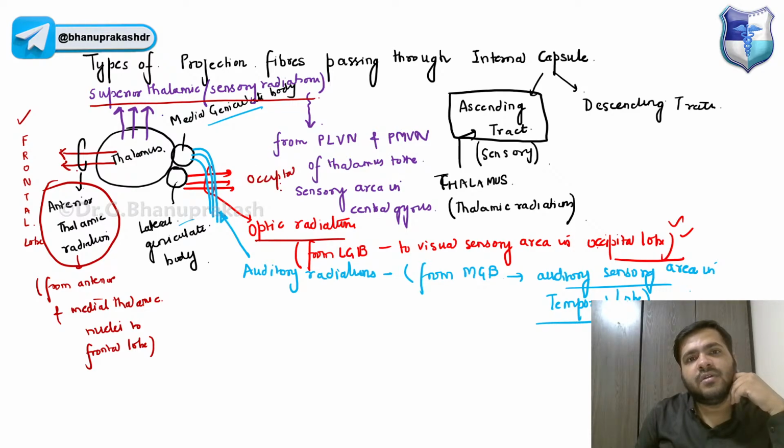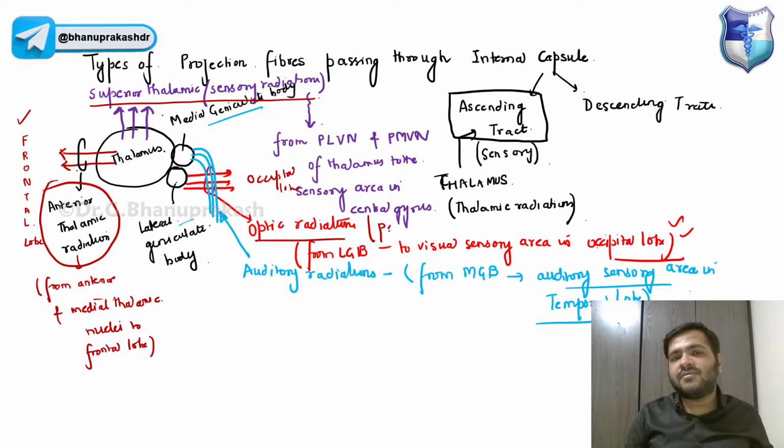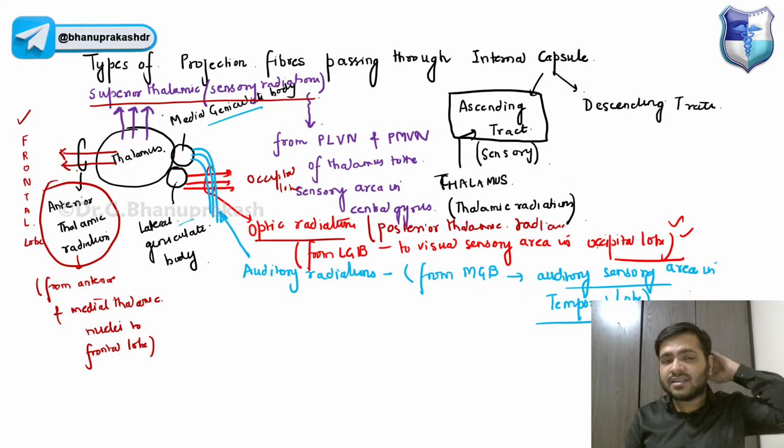The occipital lobe, which is posterior. So I can also call it the posterior thalamic radiation, because from the lateral geniculate body they go further back to the occipital lobe.